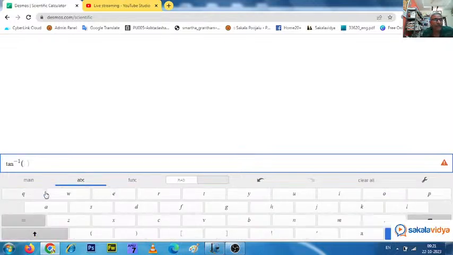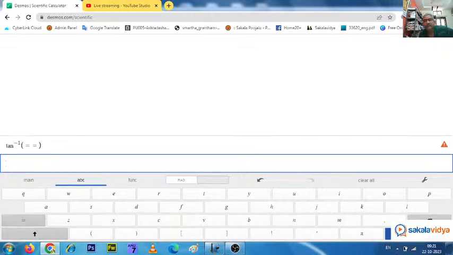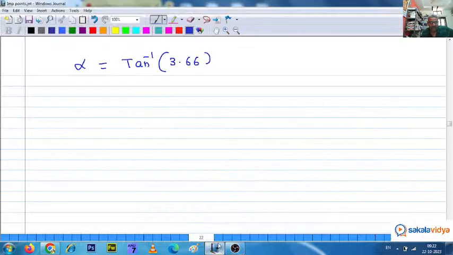Okay, now let us check the values. This is approximately equal to 20 degrees, 20.6 degrees. So this is the answer.